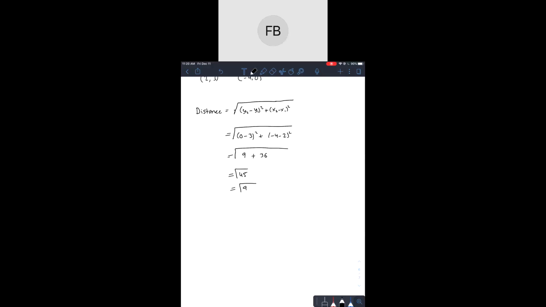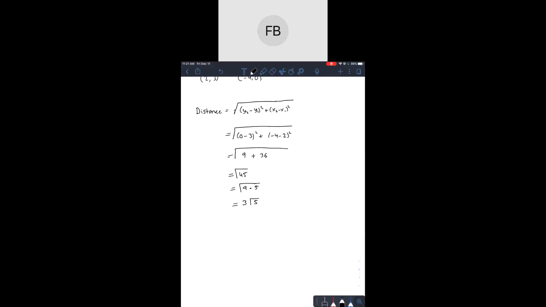I'm thinking 9 and 5, right? 9 actually has a square root. So 9 is that number, and the square root of 9 is just 3. Then we can leave the square root of 5 in there. 5 doesn't have any more factors that are perfect squares.